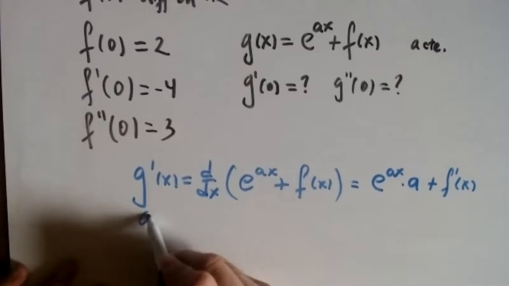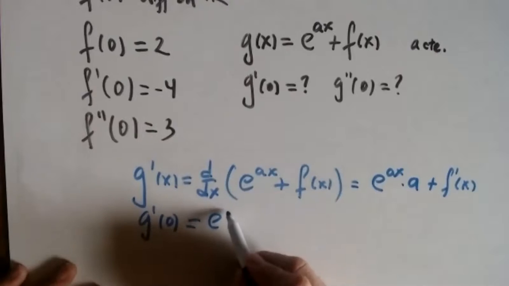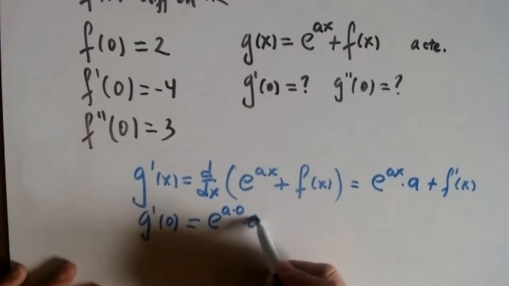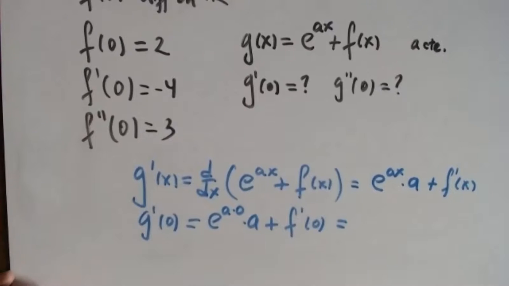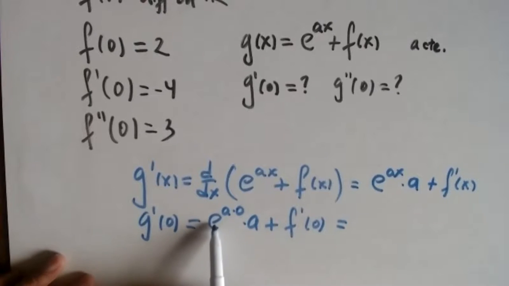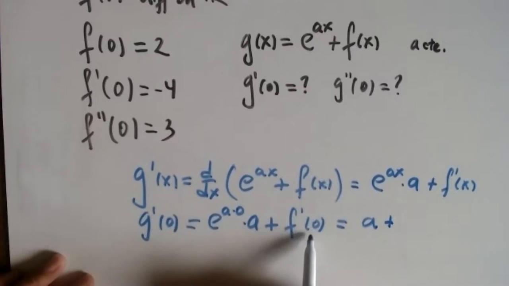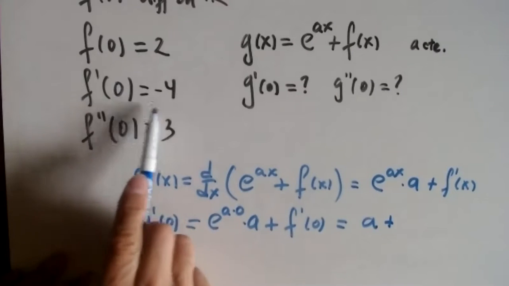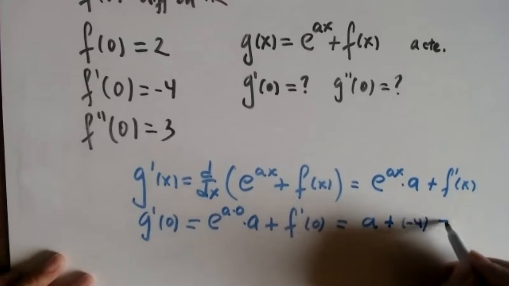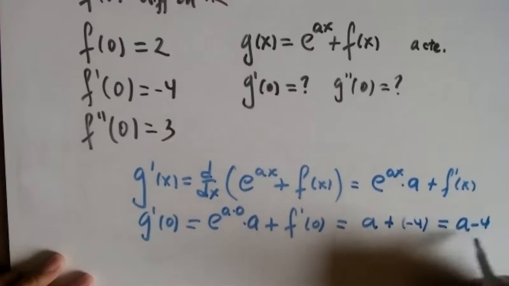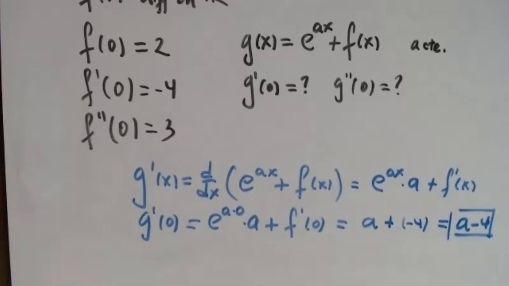Then for g prime of 0, all you have to do is put in 0: e to the a times 0 times a plus f prime of 0. Then e to the 0 is 1, so this is a plus f prime of 0, which is -4. So my answer is a minus 4. That is the first answer, correct?